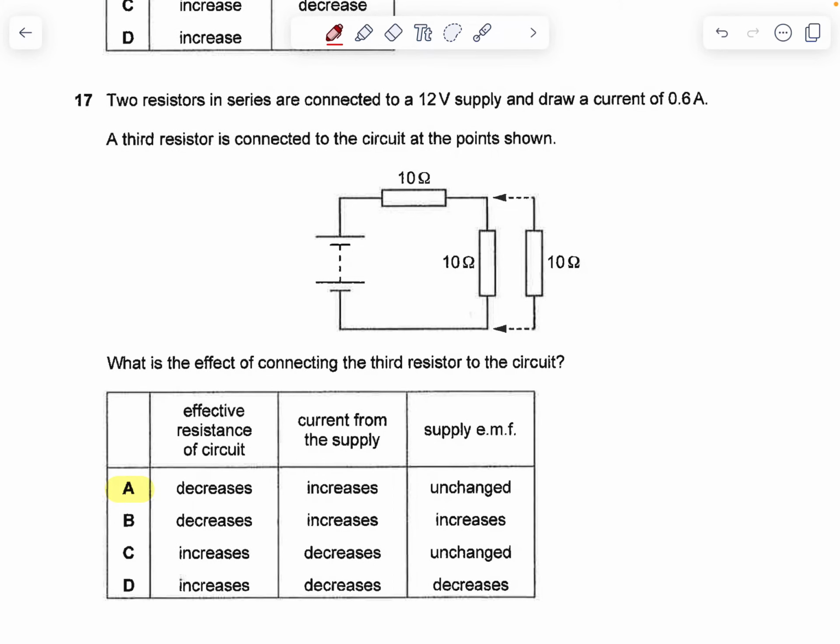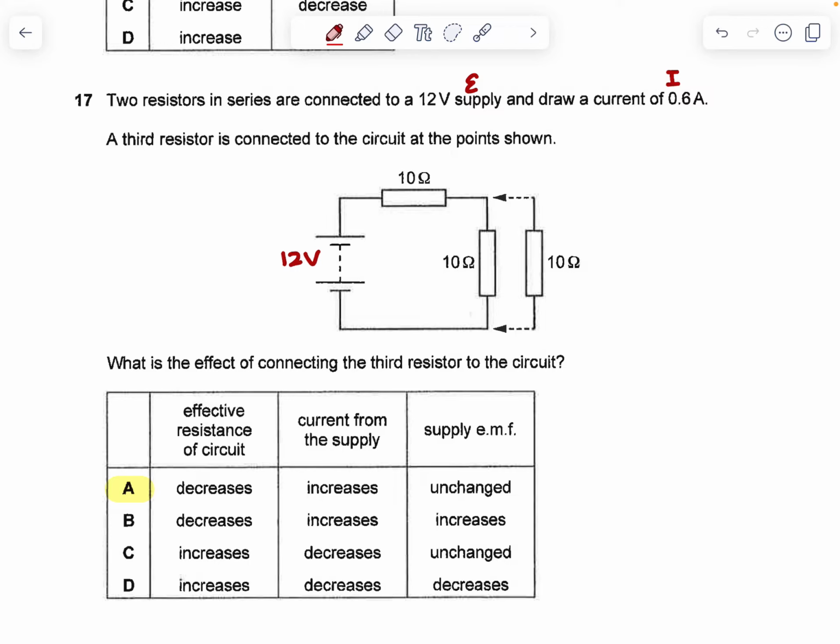Two resistors in series are connected to a 12 volts supply, here 12 volt, and draws a current of 0.6 ampere. Okay, so this is the EMF, this is the I current. A third resistor is connected to the circuit at the point shown. What is the effect of connecting the third resistor to the circuit?